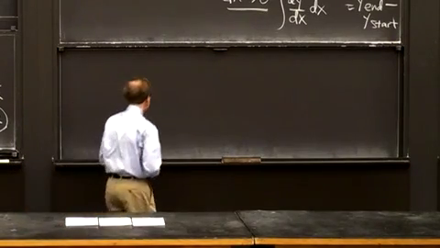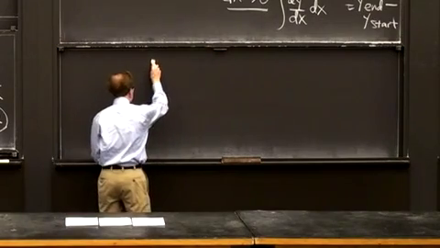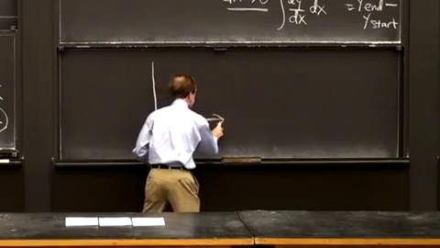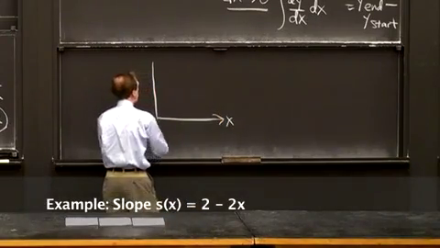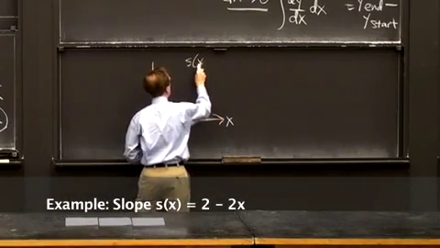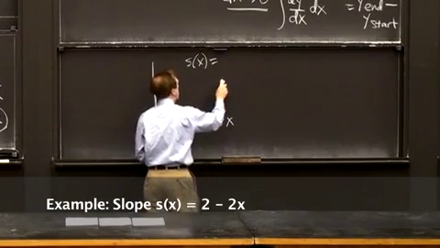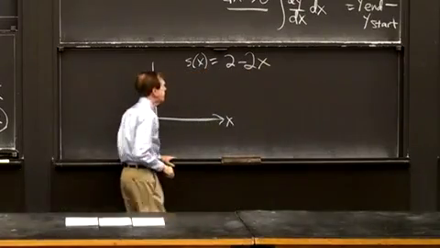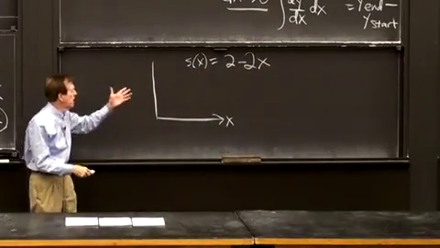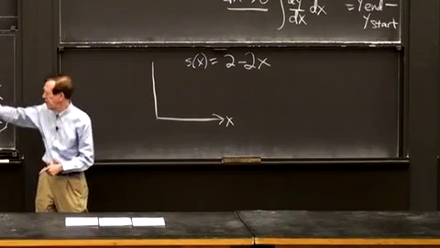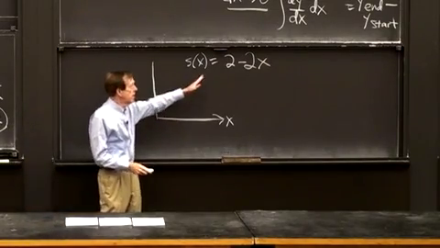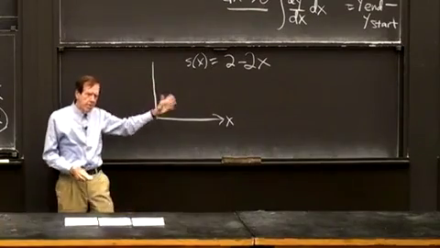Okay, let's do it. So now I'm going to take a particular s of x. So here's x. Let me take s of x to be 2 minus 2x. I didn't want to take one totally simple that I already had started the lecture with, but it's not difficult either.